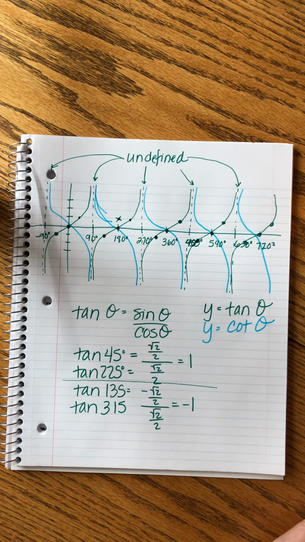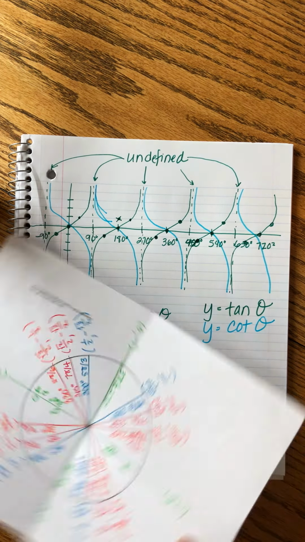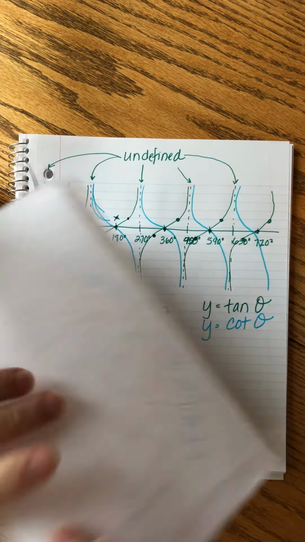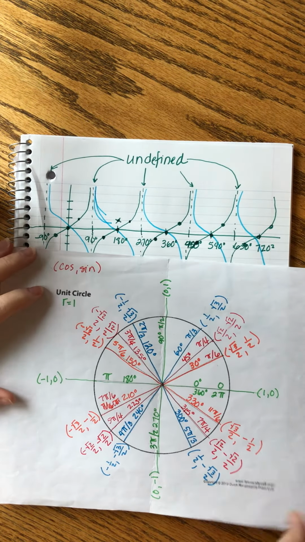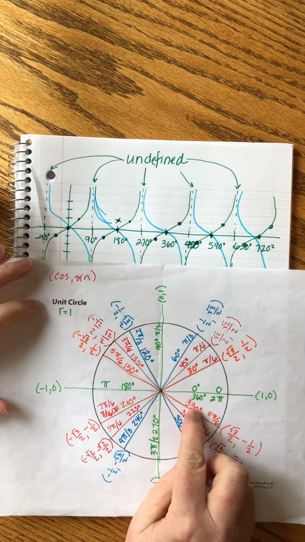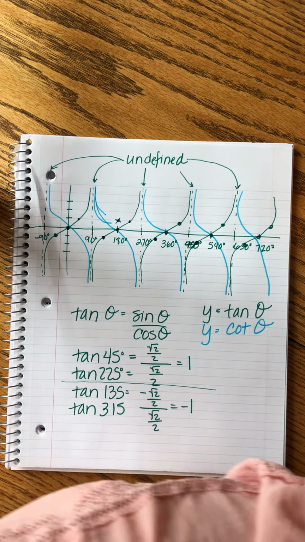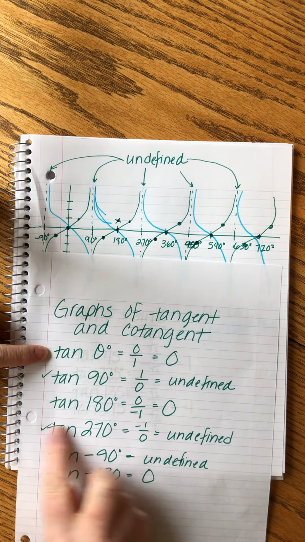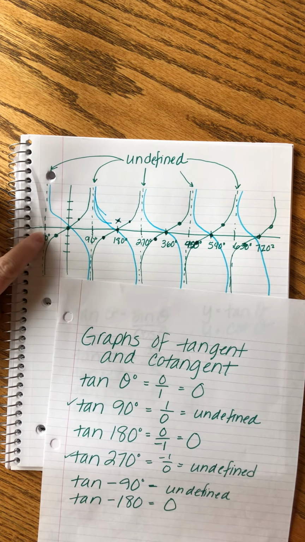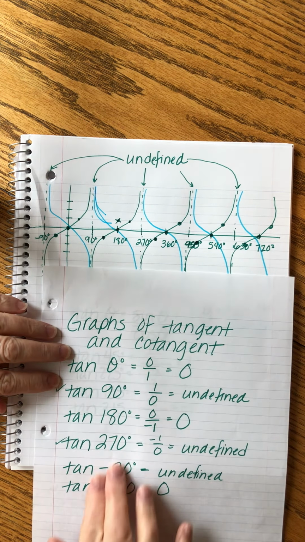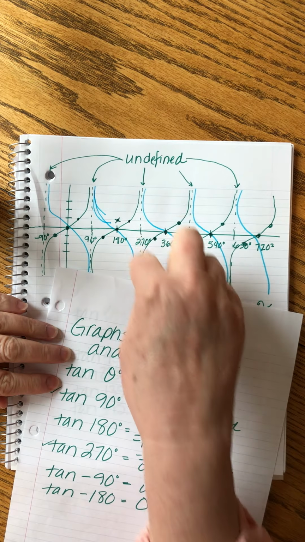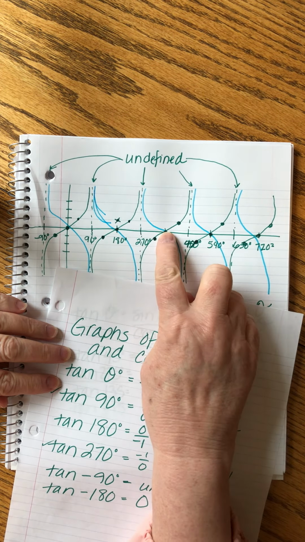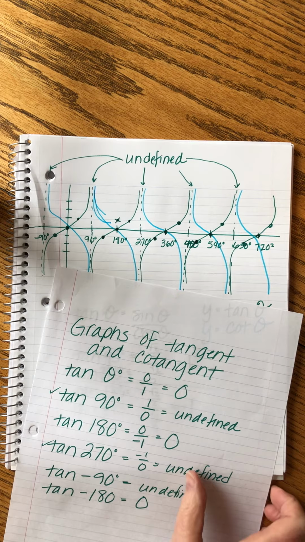Okay, so what we did to graph tangent is we used values off our unit circle. First, we did the quadrantal angles, positive and negative. Then we got those in. We used those to draw our undefined lines and then to draw the center of each of the curves.